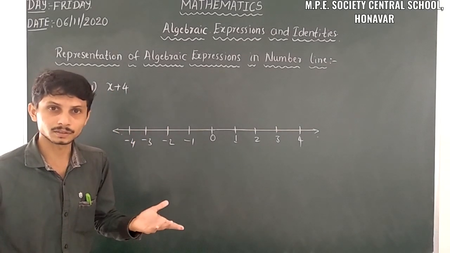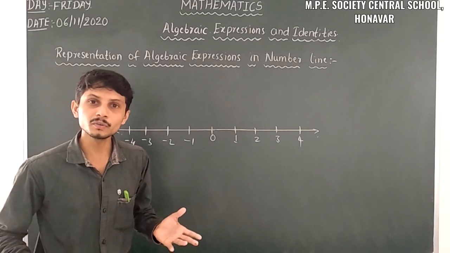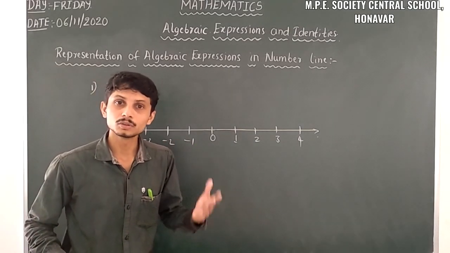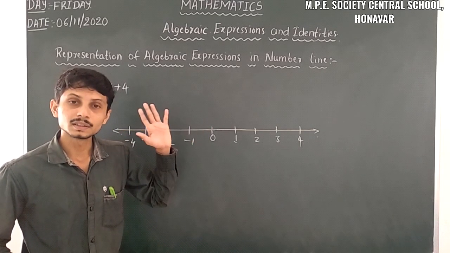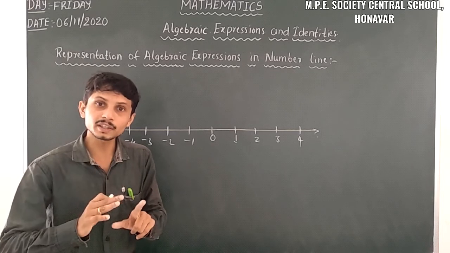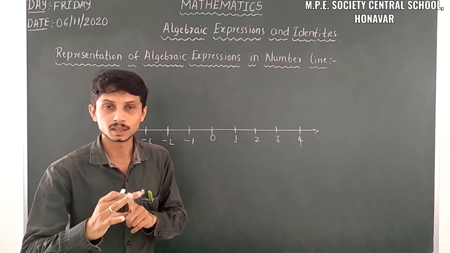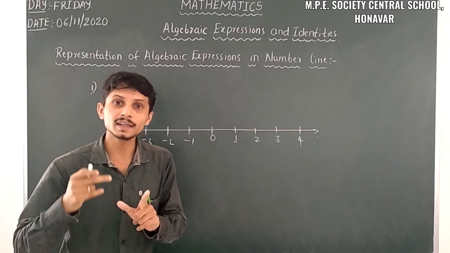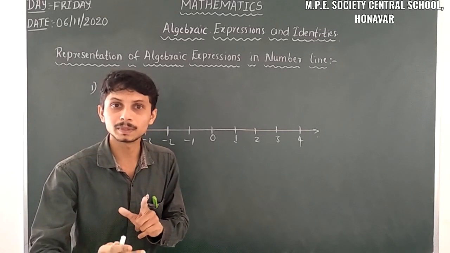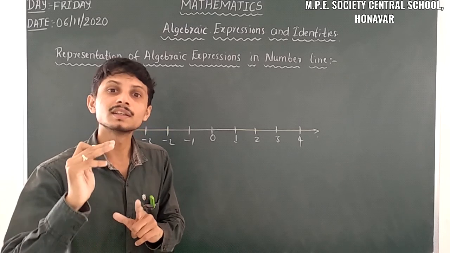Whatever the value of x is, it is unknown. That means 1x means we have to take only one jump. If we have 2x, we have to take 2 jumps, and if we have 3x, we have to take 3 jumps.